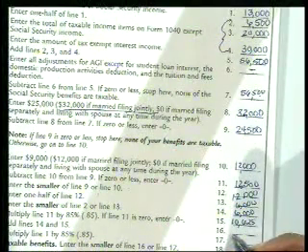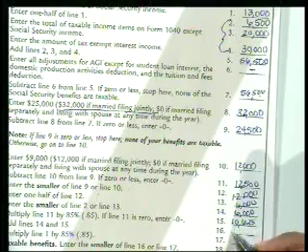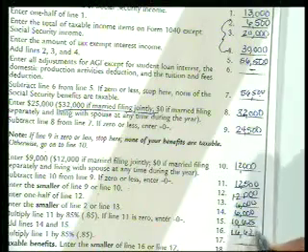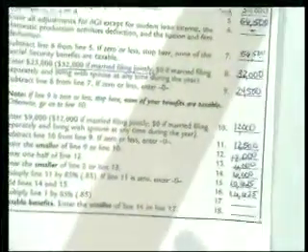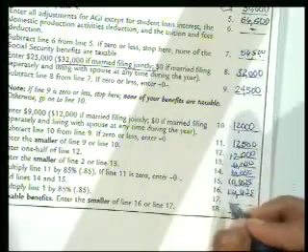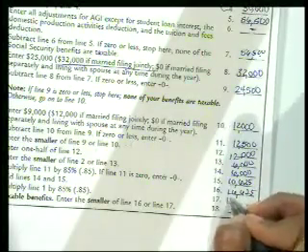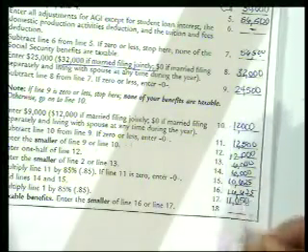Then line 16 says add lines 14 and 15, so I get $16,625. Line 17 says to multiply line 1 by 85%. Basically, I multiply my Social Security benefits by 85%, and I get $11,050.